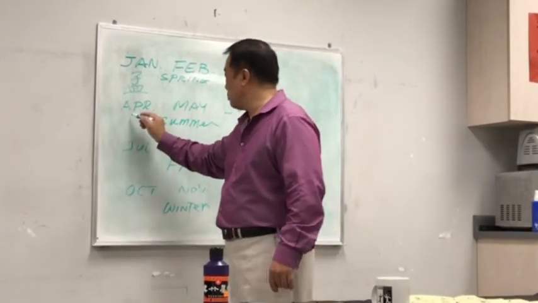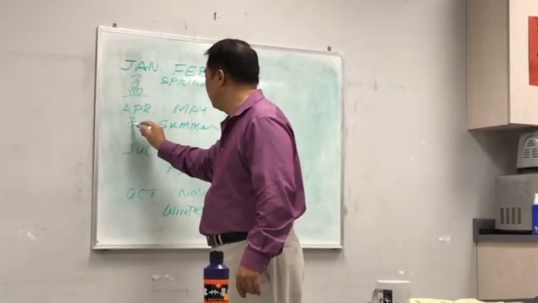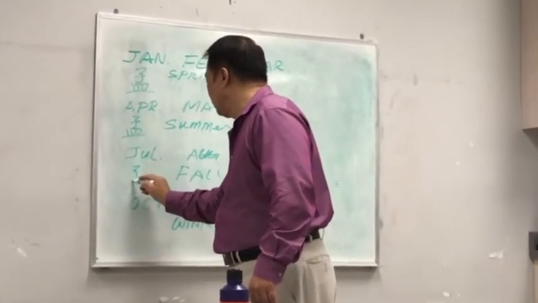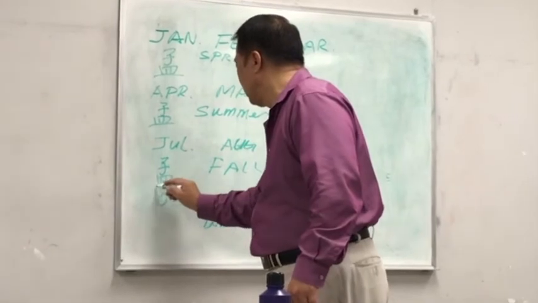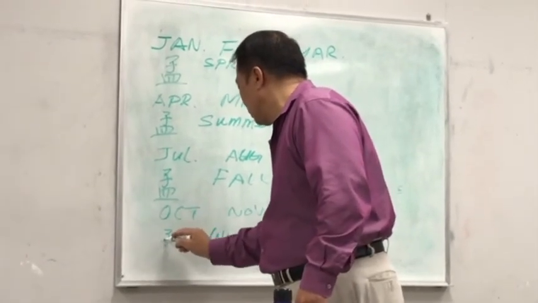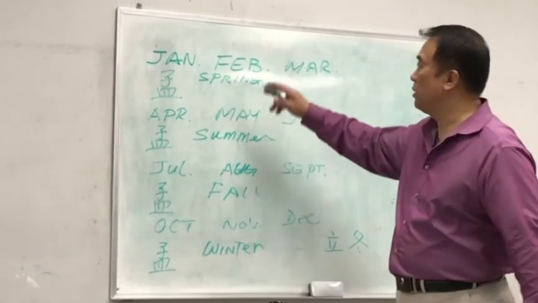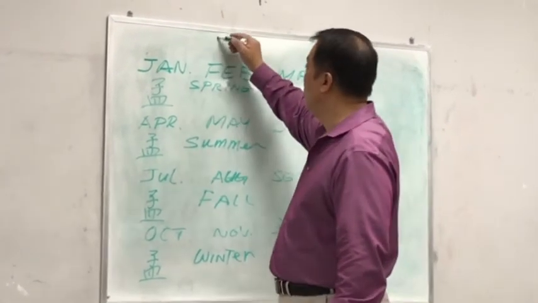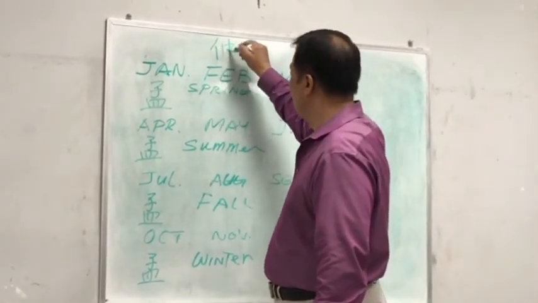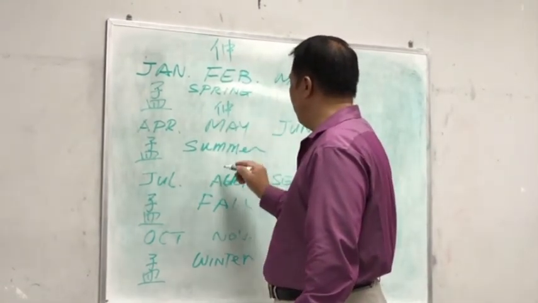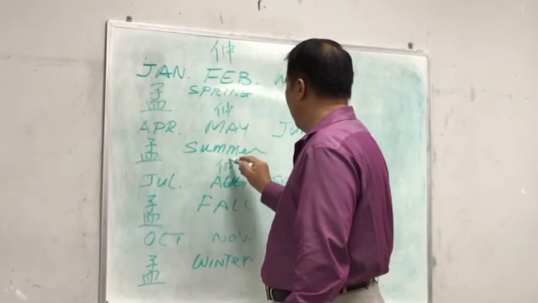The same thing, the first month of summer, the first month of fall, and then what is the second month? June. The same thing. We don't call it the second month, but we have a name for it.